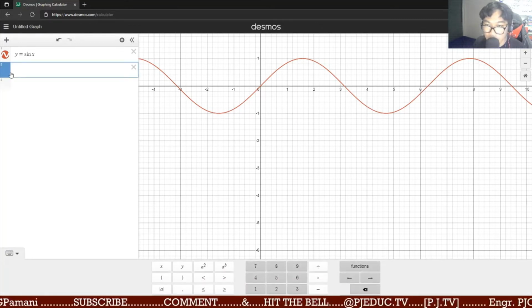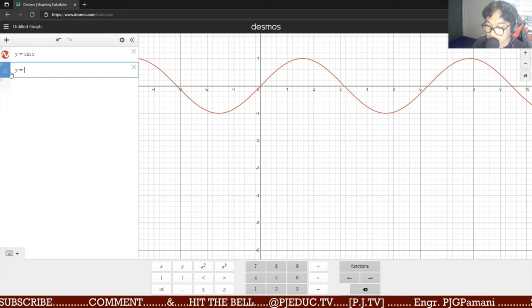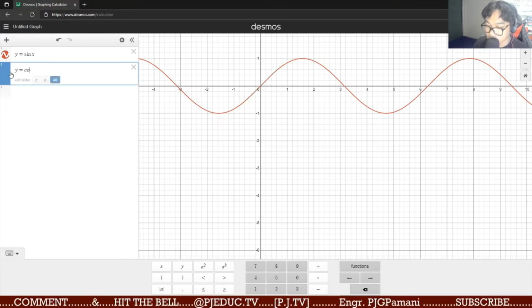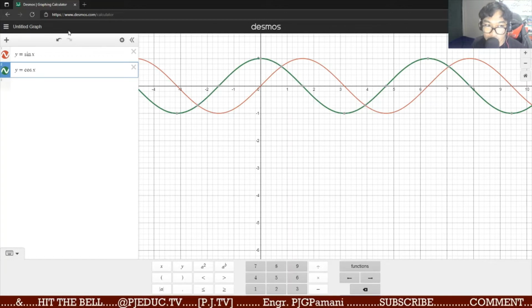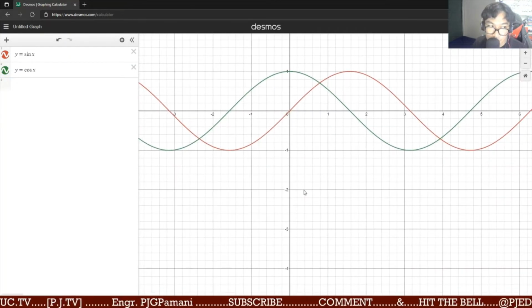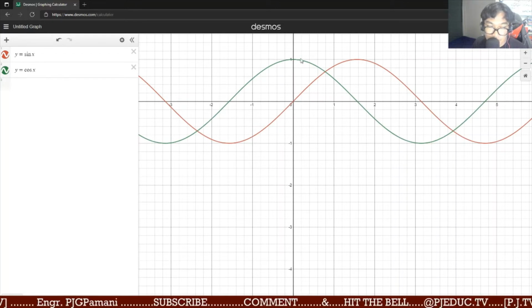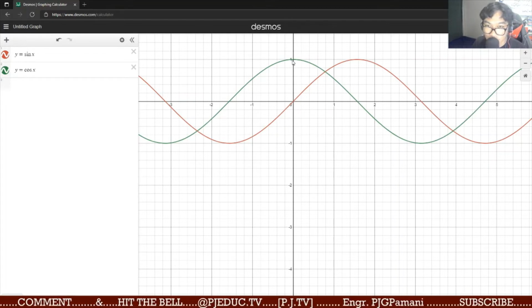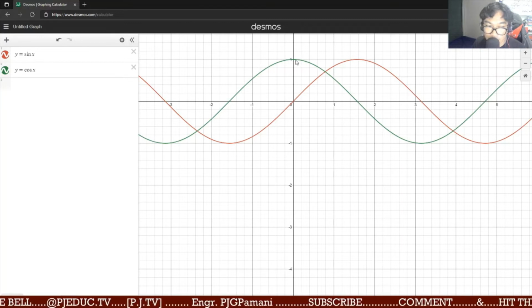And how about if it is cosine? So if it is cosine, maximum is positive 1 when x is 0. Okay? When x is 0, y is at positive 1, minimum is negative 1.